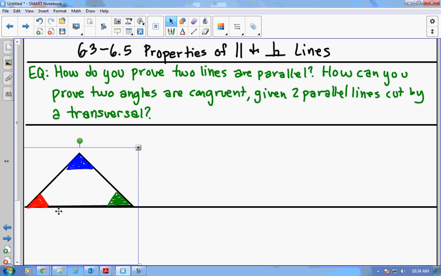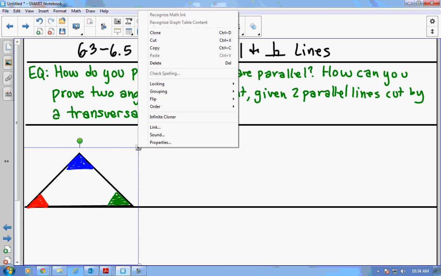It's important that we keep these three colors consistent. So as we do this, don't be changing your colors. Okay. Now what I'm going to do is lift up my triangle. Oops, I'm going to copy this really quick.